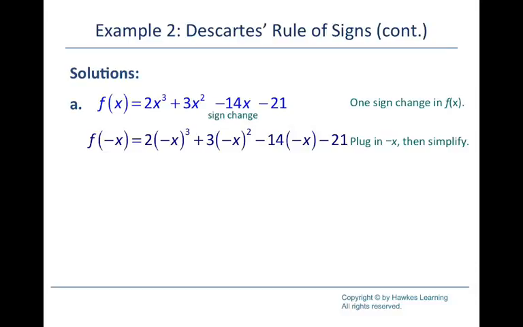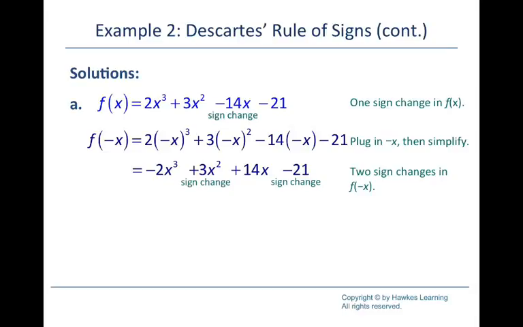Then we're going to do f of negative x. Plug in negative x for all the x's. Negative x times negative x times negative x is going to give you negative 2x cubed. Then it'll still be positive 3x squared, positive 14x, and minus 21.